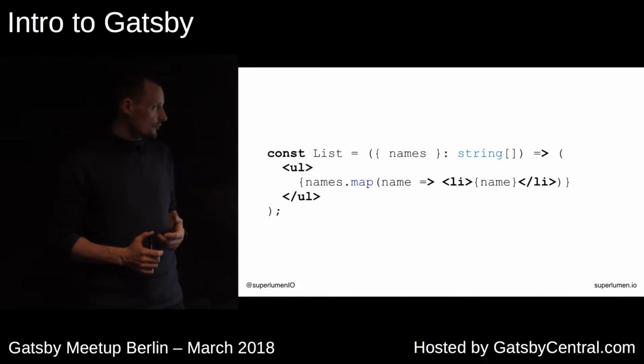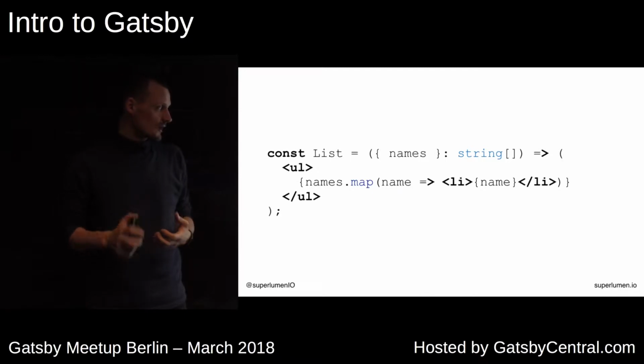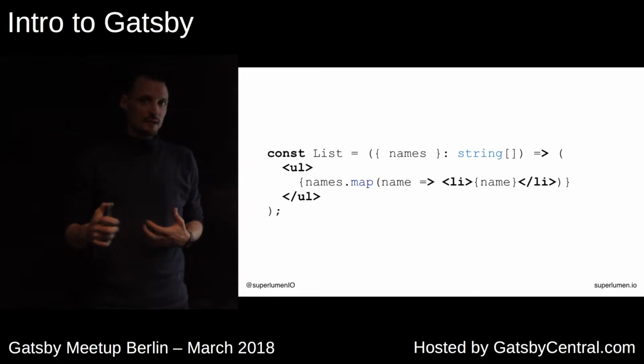And this is possible because of JSX, which is an extension to JavaScript syntax that allows you to write things like a UL tag inside of a JavaScript file, and this gets compiled or transpiled into a React.createElement ul blah blah blah or whatever.